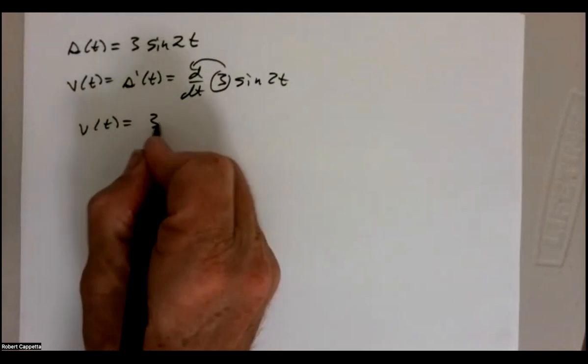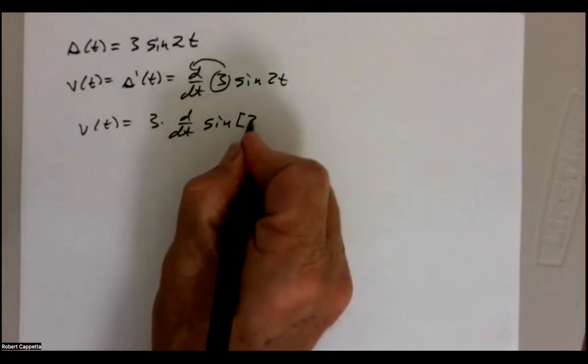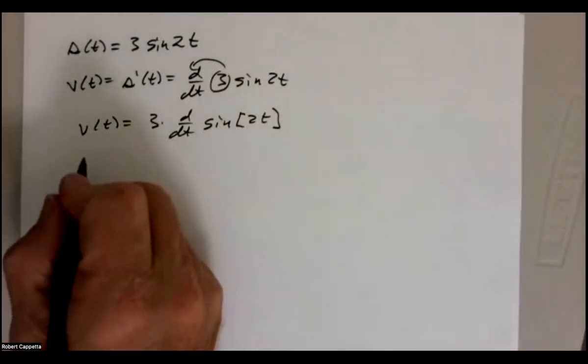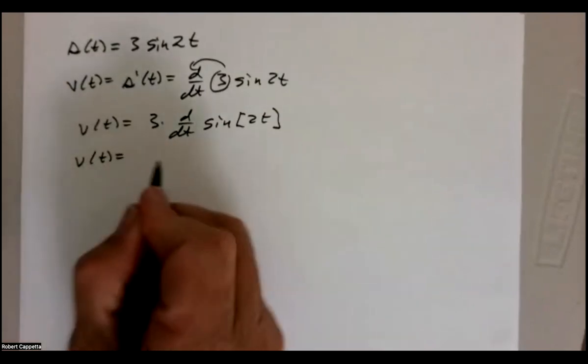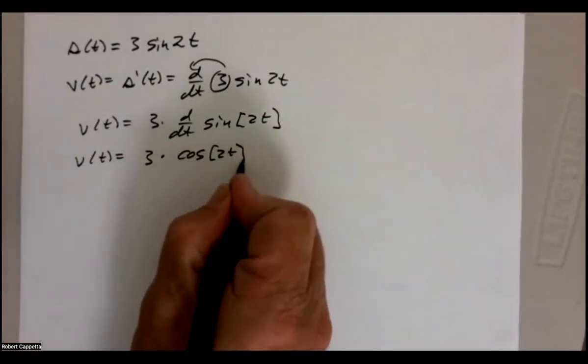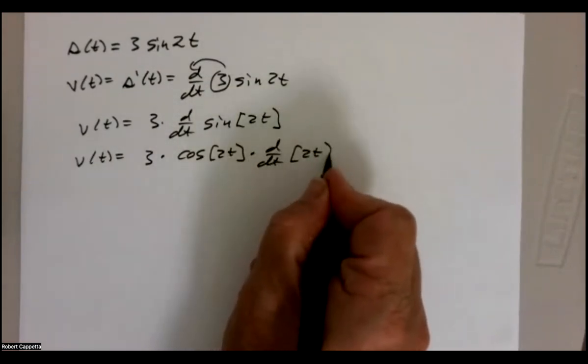So v of t is 3 times the derivative with respect to t of sine 2t. Well, the derivative of the sine of something is cos of something times the derivative of the something. So I get 3 times the cosine of 2t times the derivative with respect to t of 2t.